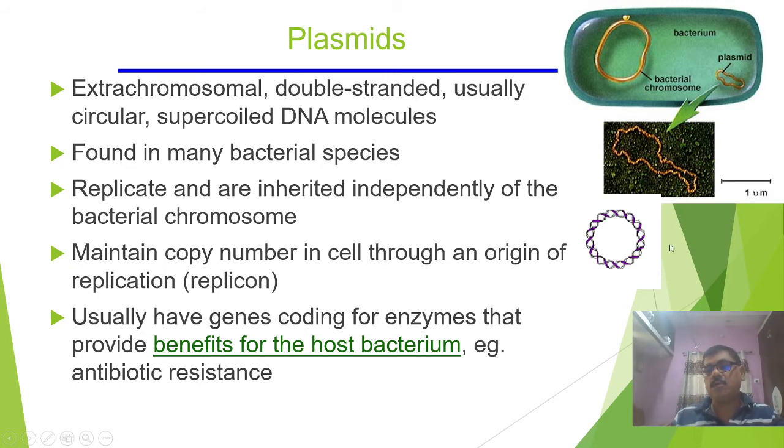Copy number is the total number of plasmids within a single cell. If a single plasmid is there within one cell, the copy number is 1. If 10, then the copy number is 10. They usually have genes coding for enzymes that provide benefits for the host organism, for example an antibiotic resistance site.